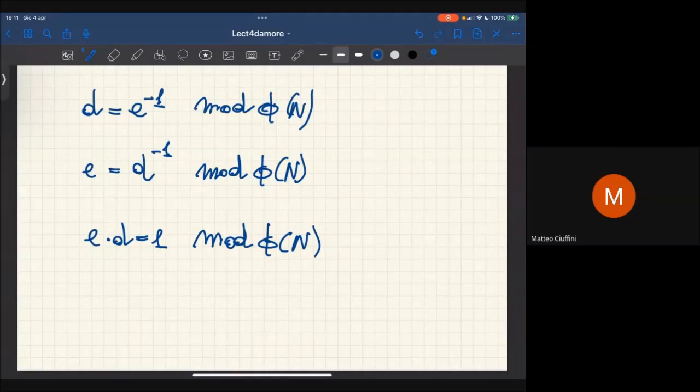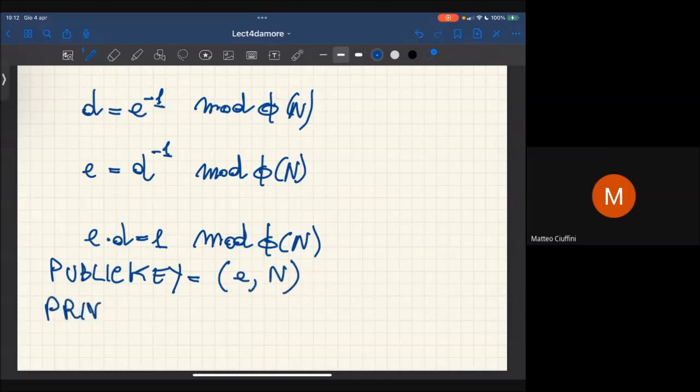Now, the public key is a pair E, n. The private key is a pair D, n.